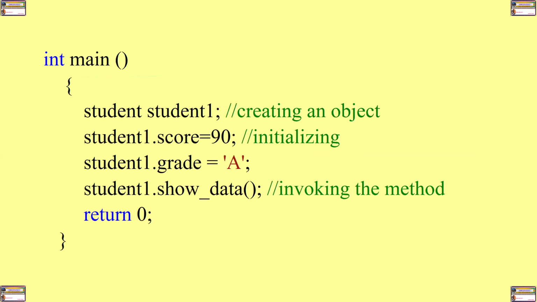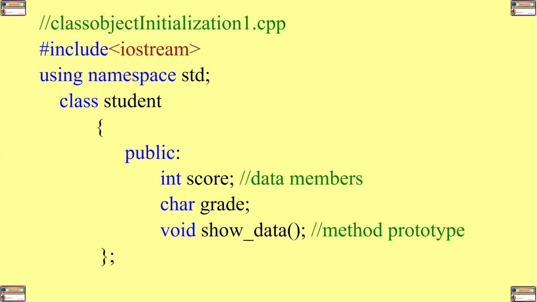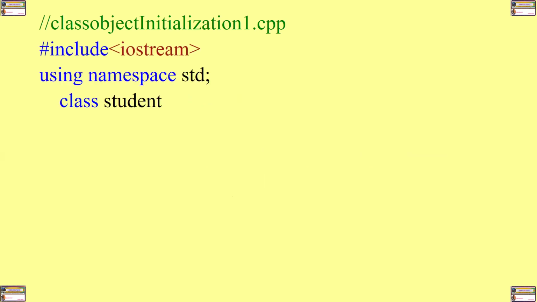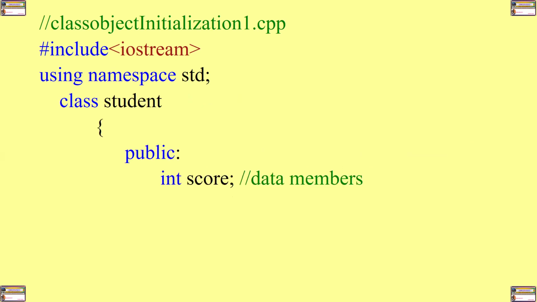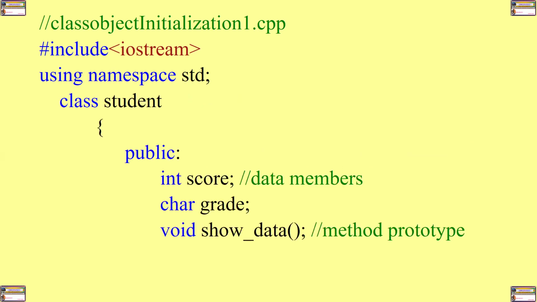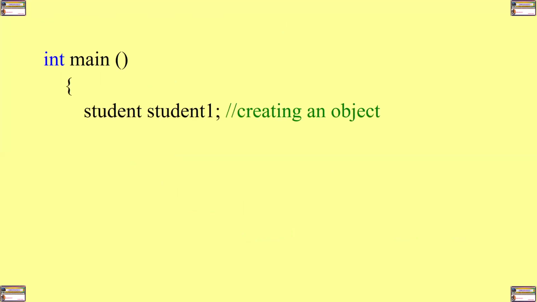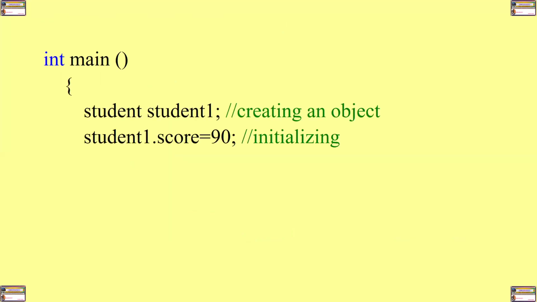How will this program work? Let me indicate how the program works. Of course, we have the preprocessor directive there. We have the namespace, and I hope you remember what it is all about. We define our class. We make our members public: the data members score and grade, and showData. Then in main, we declare an object for the class called student.